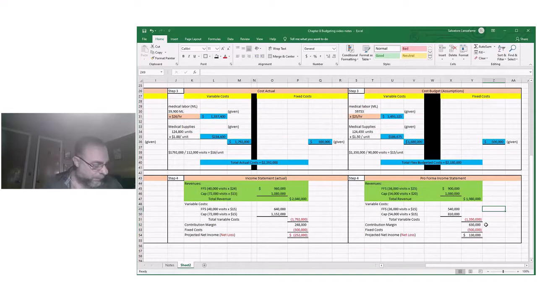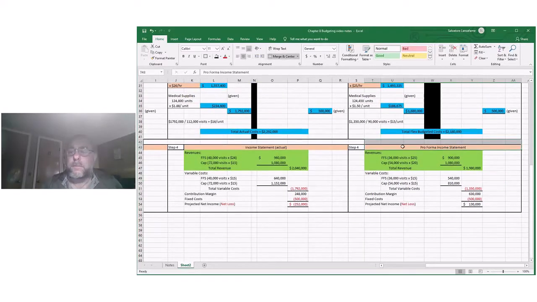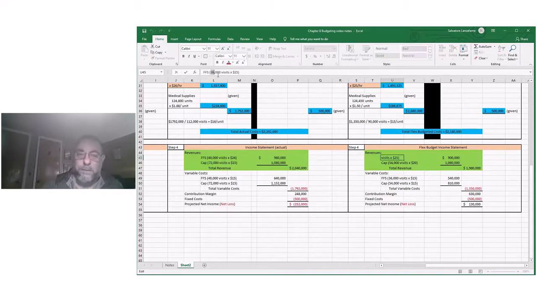Okay, so if I look at my income statement with flex, we'll call it a flex income statement. Got to make a couple of little modifications. Instead of 36,000 visits, we're using 40 at 25 for a total of $1 million.